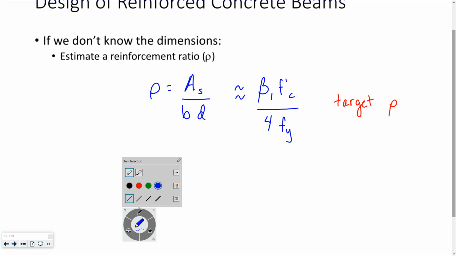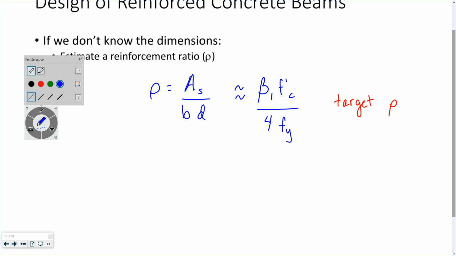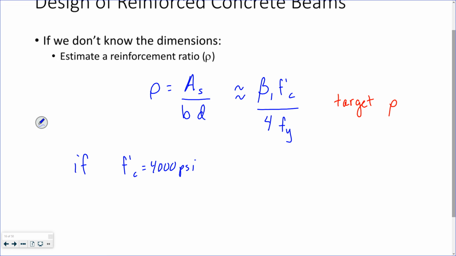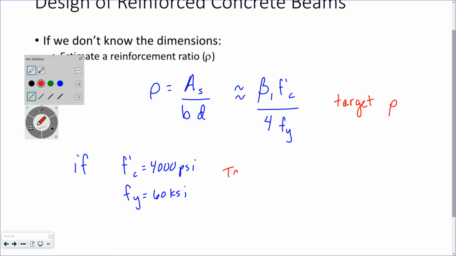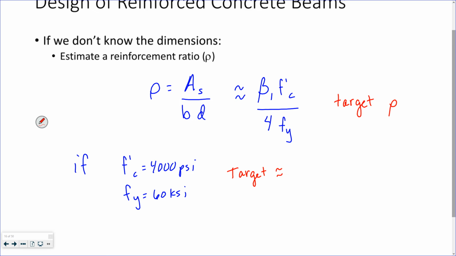So, if we have an f'c of 4,000 psi and an Fy of 60 ksi, then our target reinforcement ratio is about equal to 0.85.